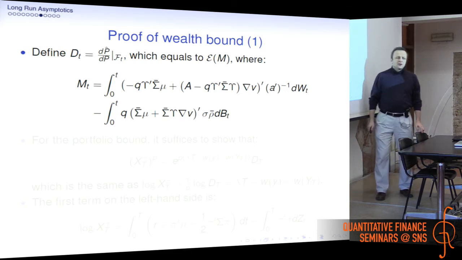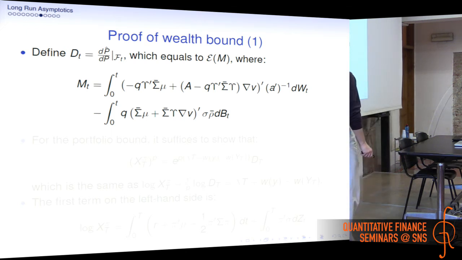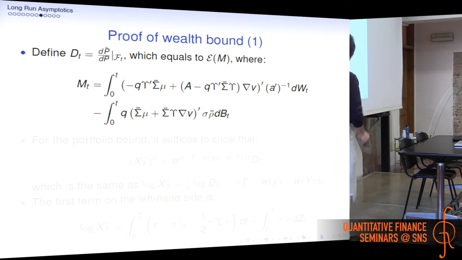So, first of all, what is dp hat over dp? Well, this is just the stochastic discount factor, okay? Normal modulo the interest rate, which you have to multiply by. And it is given explicitly by this expression, okay? So all I've done here is to plug the value of eta that was coming from the dual problem, okay?